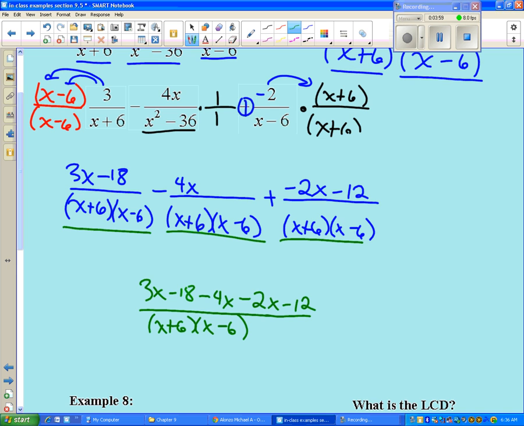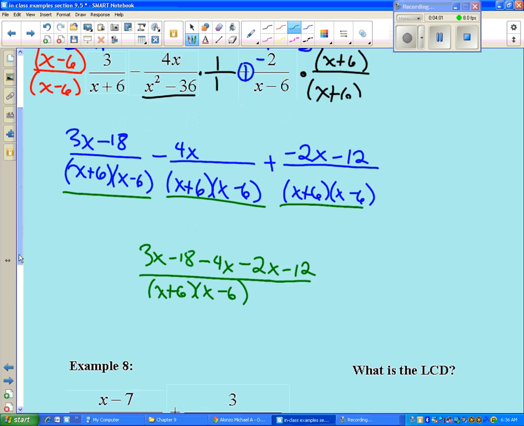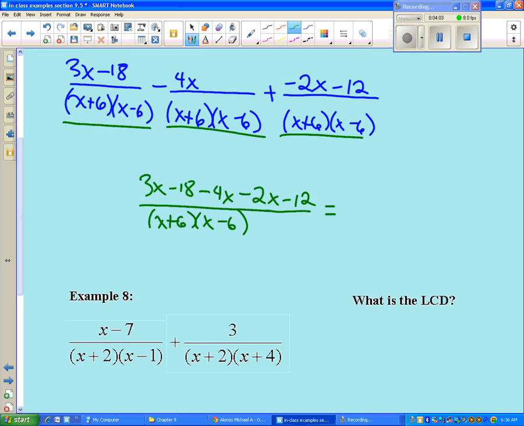So now I can go ahead and combine like terms. 3x minus 4x is negative x, minus 2x is negative 3x. Negative 18 minus 12 is negative 30 over x plus 6, x minus 6.